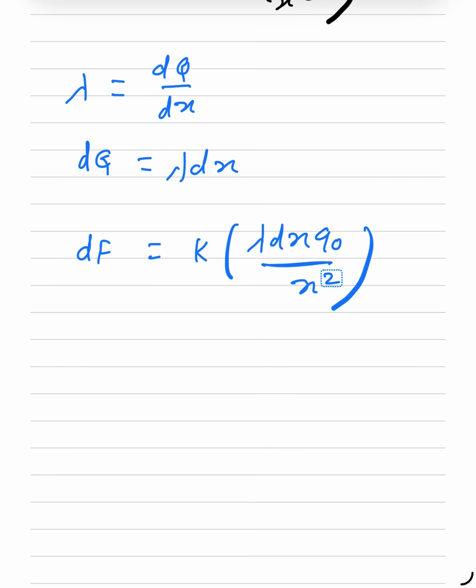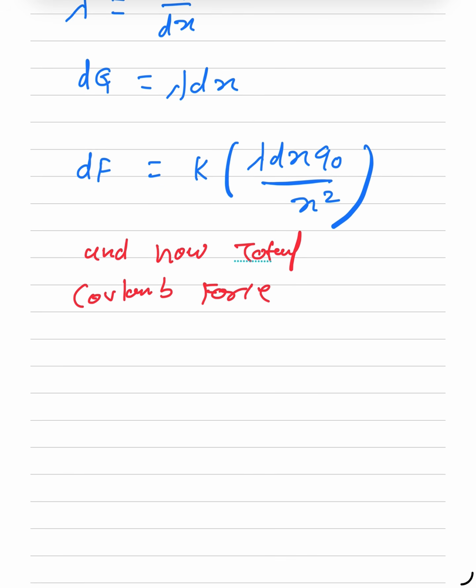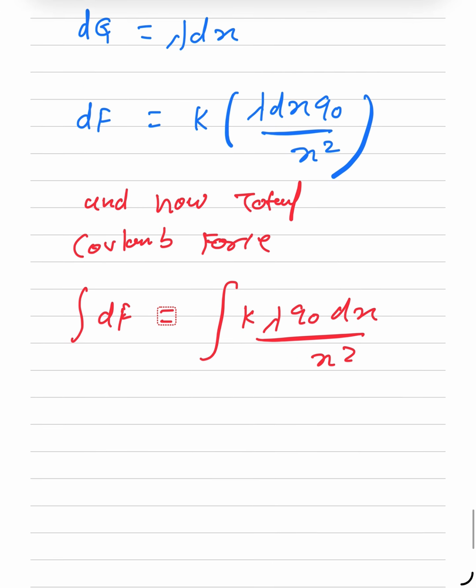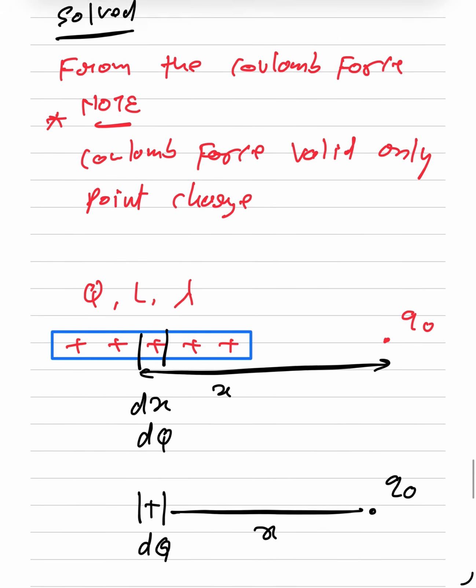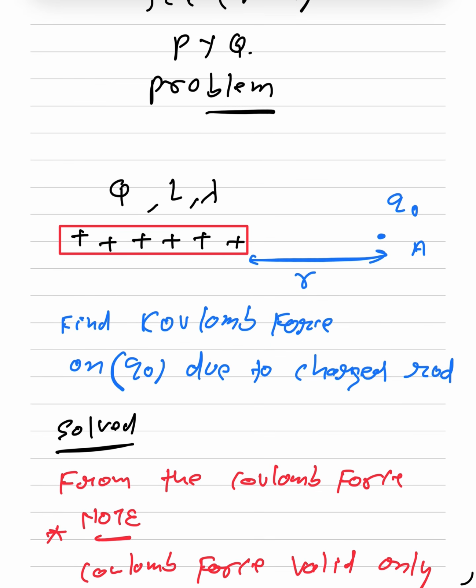And now the total Coulomb force. Integrating both sides, integral of dF equals integral of k lambda q naught dx divided by x square, with limits of x from r to r plus L, right, because this is a rod as given in the diagram.